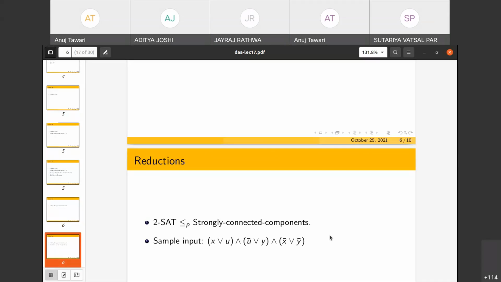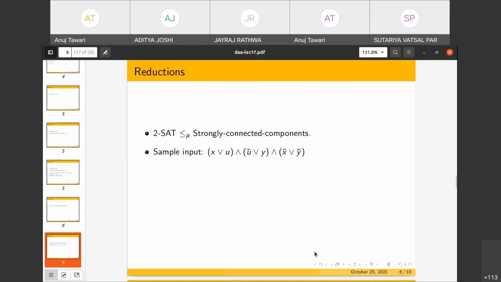Okay, so let's see how to solve this problem. We are given the constraints, its clauses: x or u, and u bar or y, and x bar or y bar. Then let's construct a graph where we have x, u, y and x bar, u bar, y bar.